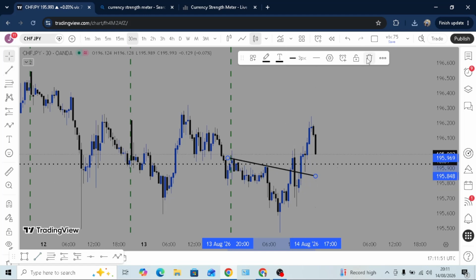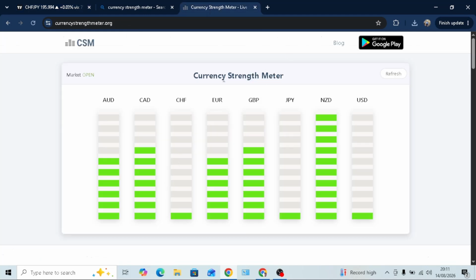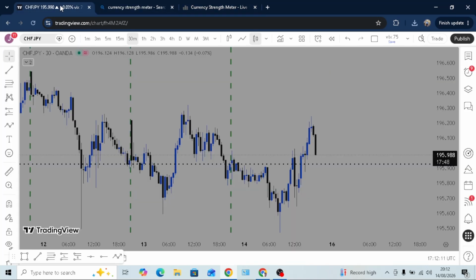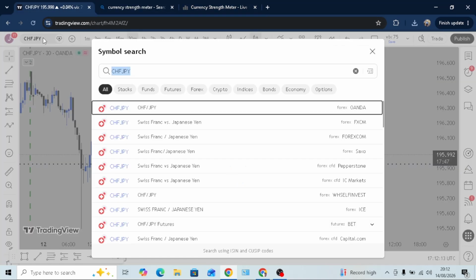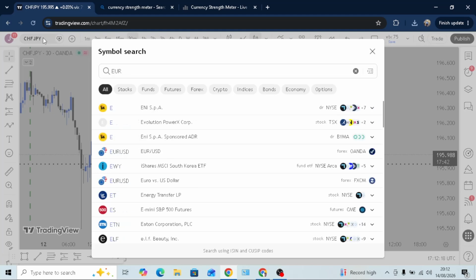So make sure that when using this currency strength meter, you take the strong against the weaker one. If you take the strong pairs together, that's also not good. Let's say you now take the euro and the GBP. You will notice that it is just moving sideways.